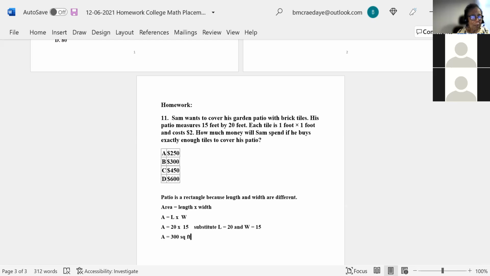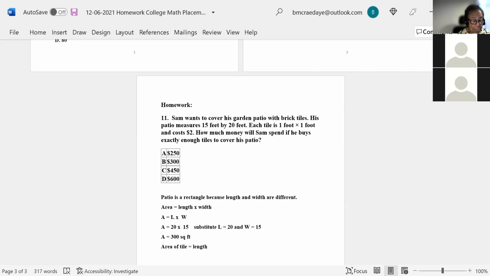Now, if each tile is 1 foot by 1 foot, what's the area of the tile, Maureen? I said each tile is 1 foot by 1 foot. Well, that would still be length times width. So what's 1 times 1? 1. That's right.